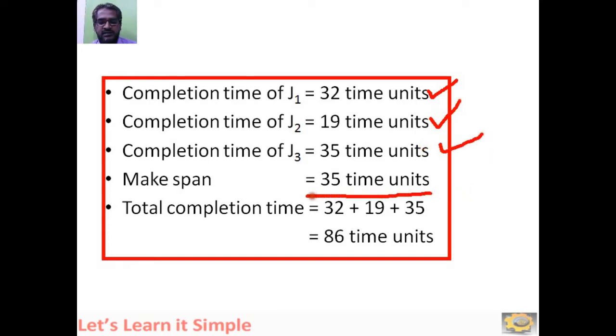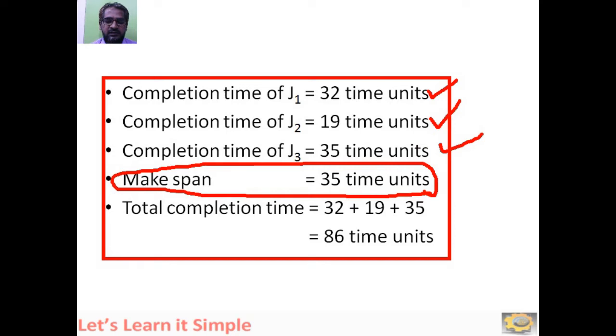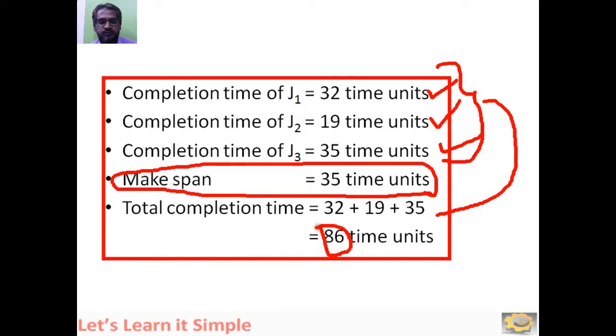Now the makespan is the time unit by which all the 3 jobs are completed on all the 3 machines. Therefore makespan is 35 time units. The total completion time is the summation of the time units required to process all the 3 jobs: 32 plus 19 plus 35, which is 86 time units.